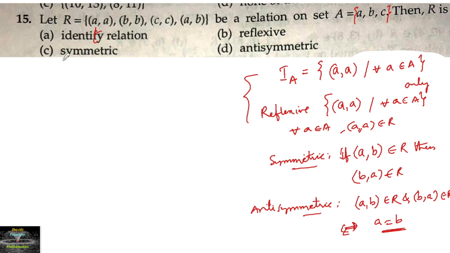And coming to our problem, R = {(a, a), (b, b), (c, c), (a, b)}.